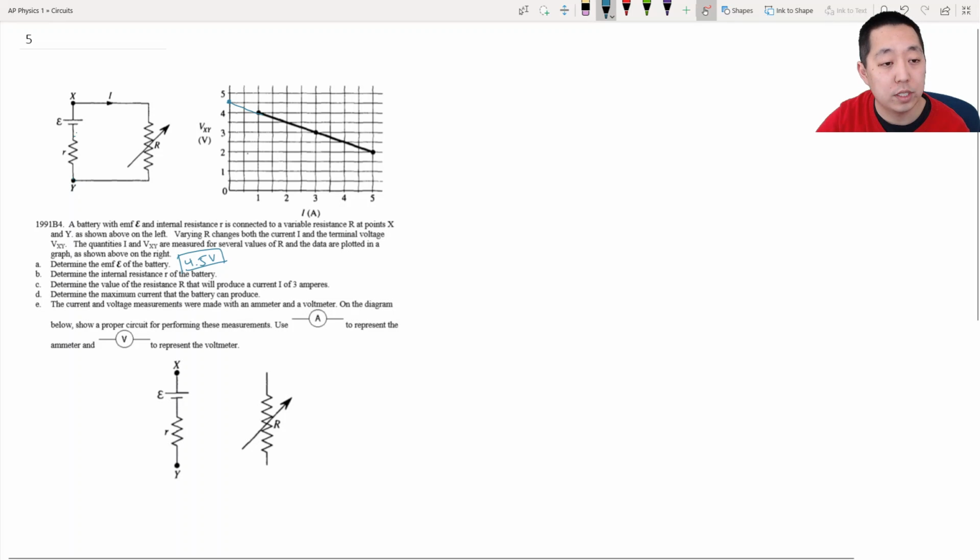Determine the internal resistance of the battery. Let's see.